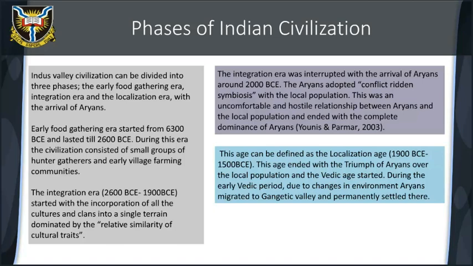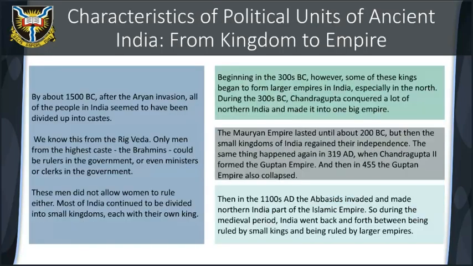This age ended with the triumph of Aryans over the local population and the Vedic period started. During the early Vedic period, due to changes in environment, Aryans migrated to the Gangetic Valley and permanently settled there.